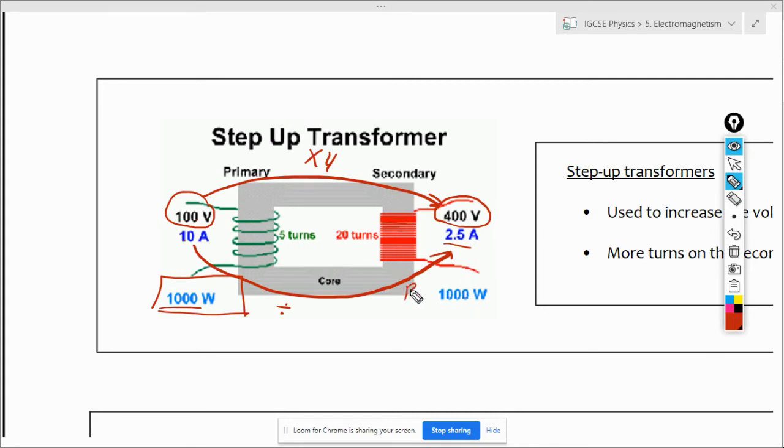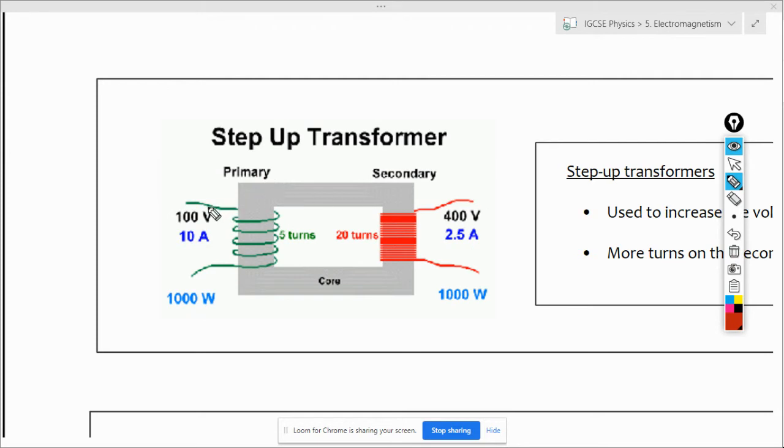And same thing over here: power is 1,000 watts, current times voltage, so 2.5 times 400 is 1,000. In an ideal transformer, the power remains the same between the primary coil and the secondary coil. It's the current and the voltage that get changed around. If the current goes up, the voltage goes down. If the current goes down, the voltage goes up, and vice versa.